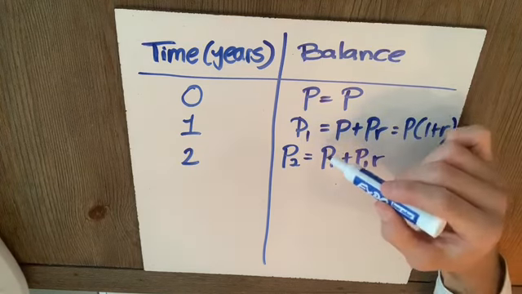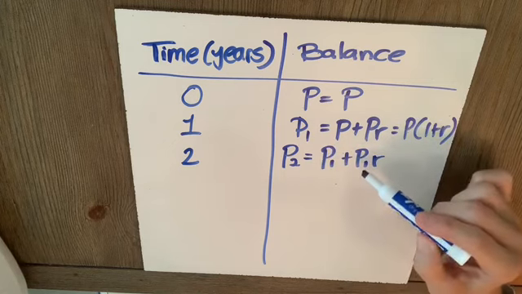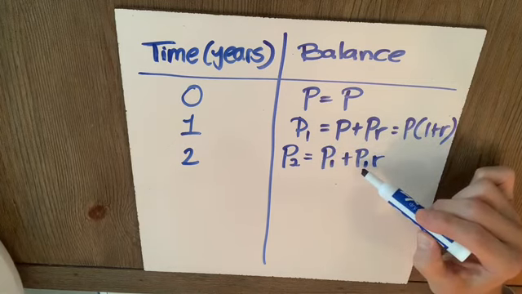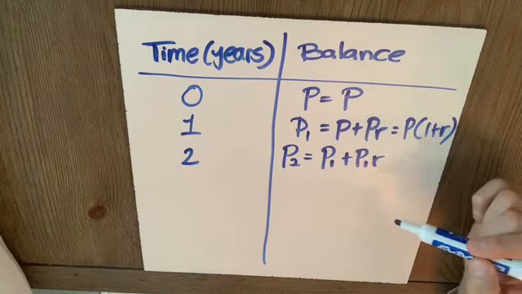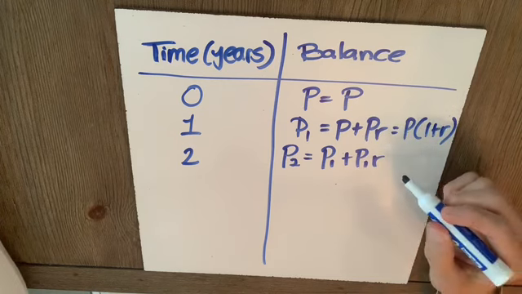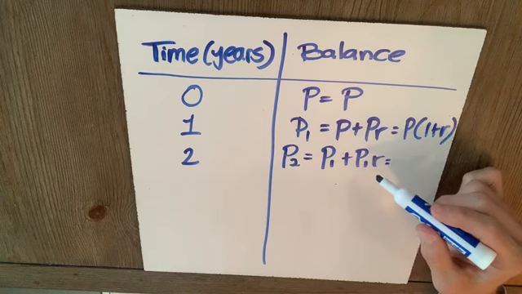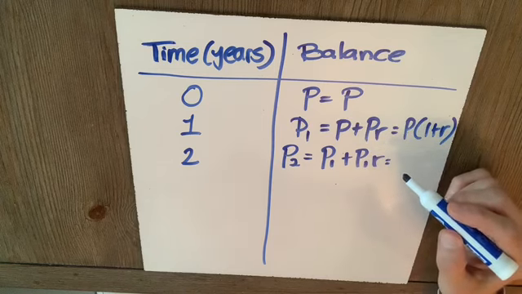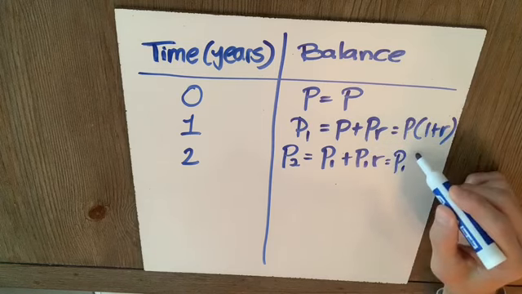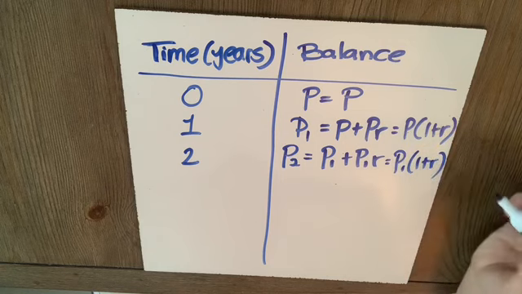So P1 is 105. In other words, I'm starting now with 105 and 105 instead of my 100 and 100. So I'm already very happy. Things are going well for me. And so if I factor out the P1, then I'm going to get P1 times 1 plus R.